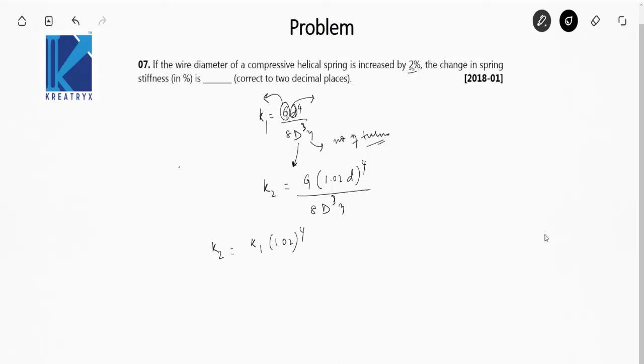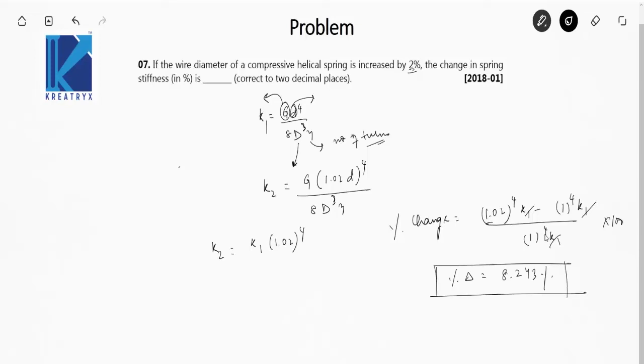I can directly write that the percent change is equal to (1.02 raised to the power 4 K1 minus 1 raised to the power 4 K1) upon 1 raised to the power 4 K1, into 100. The percentage change will be equal to 8.243%. Pretty simple question.